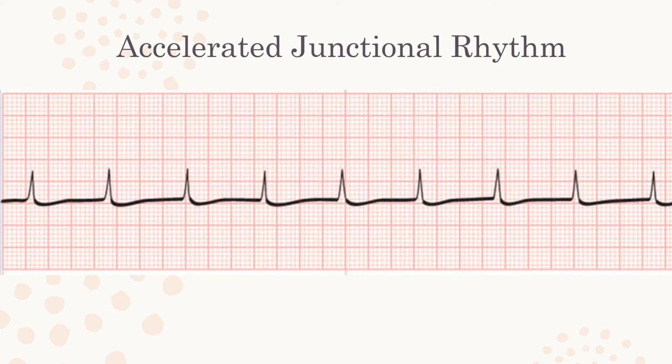In this particular strip, we have no P waves at all. No P wave can be seen. We have a rate of about 92. It's a regular rhythm and an absent P wave. The QRS is normal and the PR obviously is not measurable because there's no P wave. We call this an accelerated junctional rhythm.